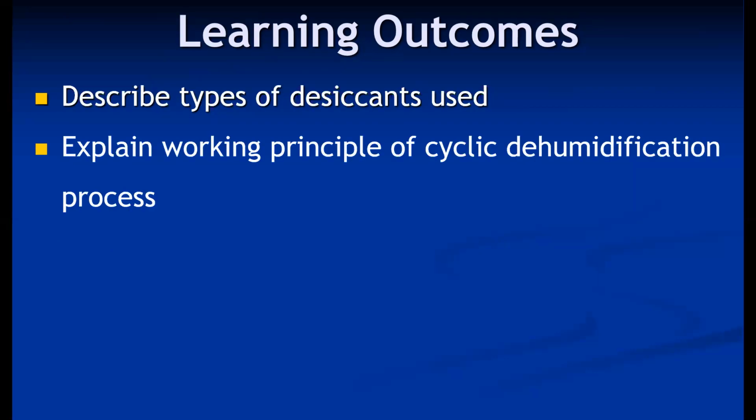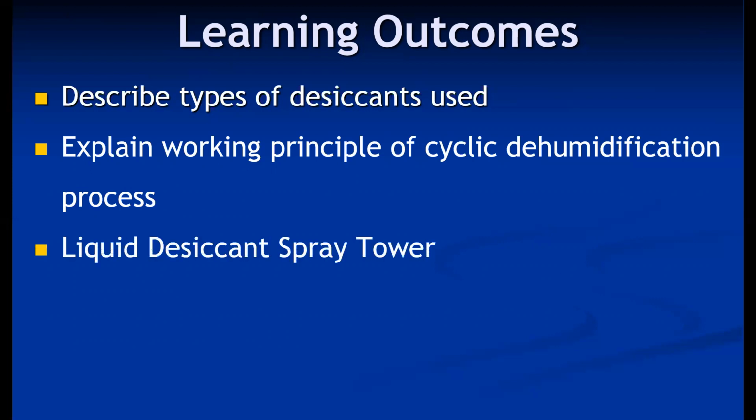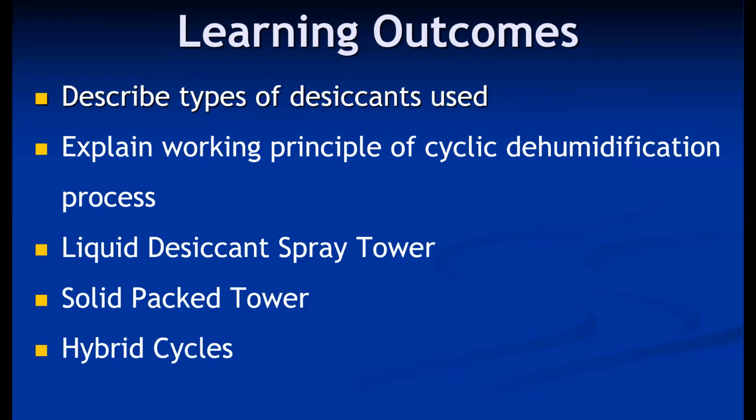Then you should be able to explain the cyclic dehumidification process, then construction and working of liquid desiccant spray tower along with their combination with conventional system, then solid pack tower, and the hybrid cycle along with the processes on psychrometric chart. Finally, you should be able to discuss the advantages of the system, how it saves the energy, and under which circumstances this particular system is recommended.